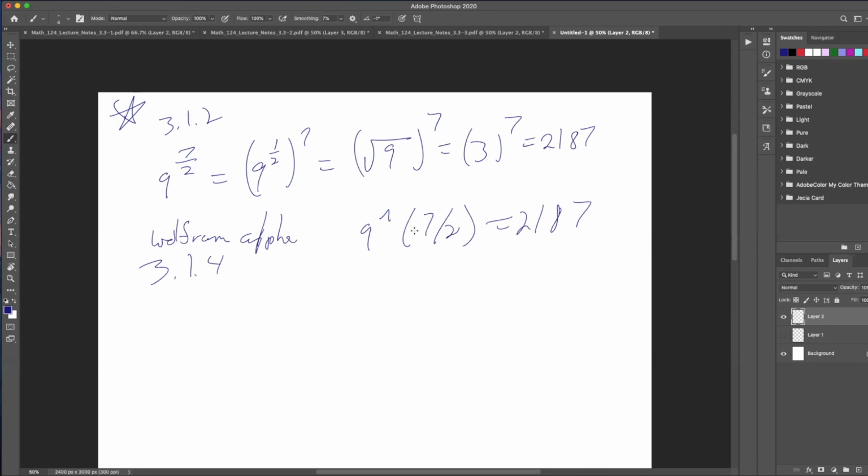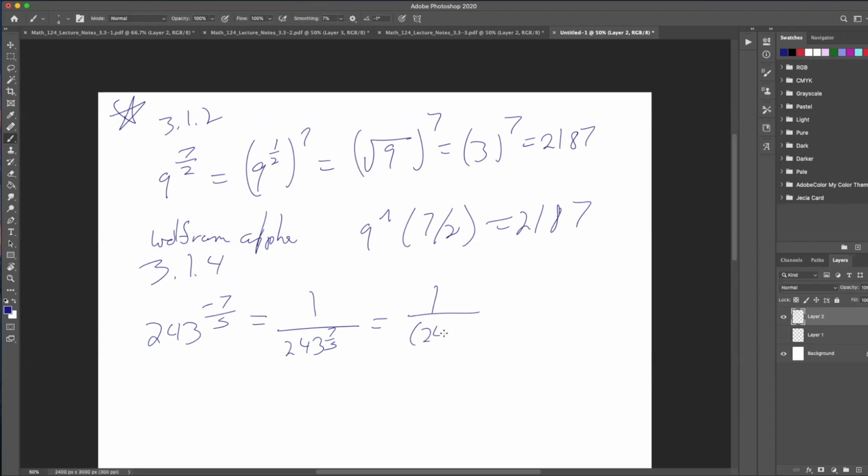3.1.4, we'll do the same concept, just slightly different. The random one my computer gives me is 243 to the minus 7 fifths power. So the way I'm going to do this is I'm going to write this as 1 over 243 to the 7 fifths power, because negative means just drop it below.